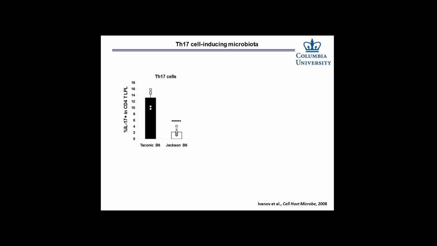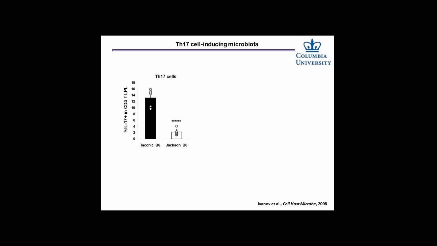We also tested certain mouse vendors, and interestingly, when we tested C57 black 6 mice from Taconic versus Jackson, we saw a very discrepant, a very differential representation of Th17 cells. Taconic B6 mice, as you can see here on this slide, have high levels of Th17 cells in the lamina propria, in contrast to Jackson B6 mice, which is the same strain of C57 black 6 you just obtained from Jackson, had low levels of Th17 cells.